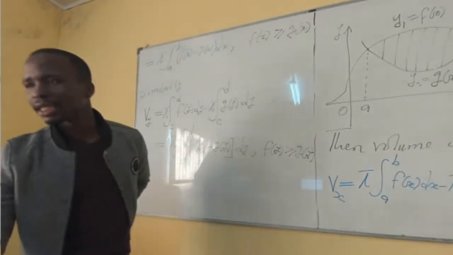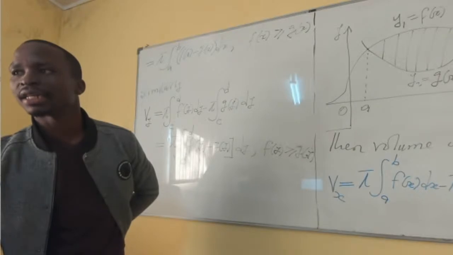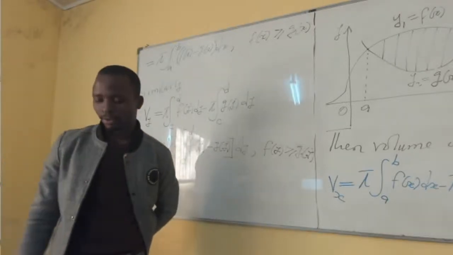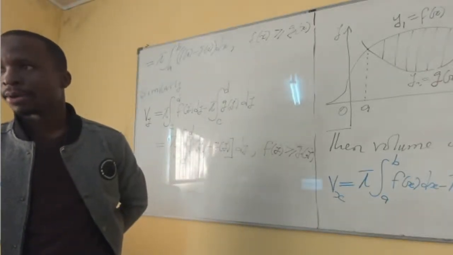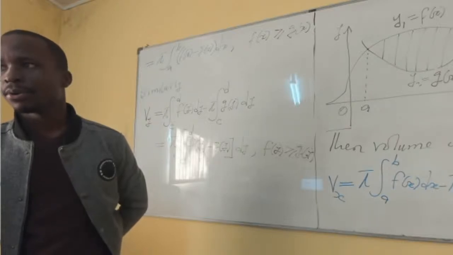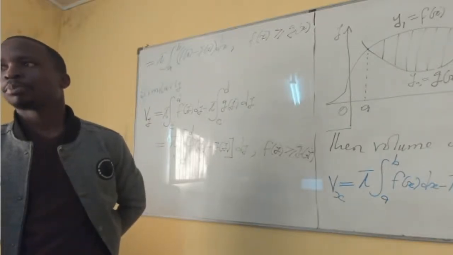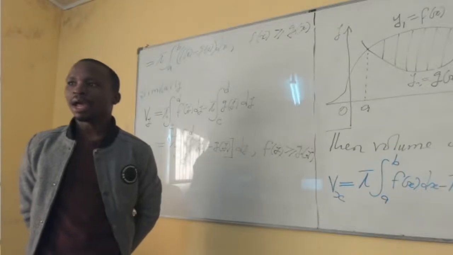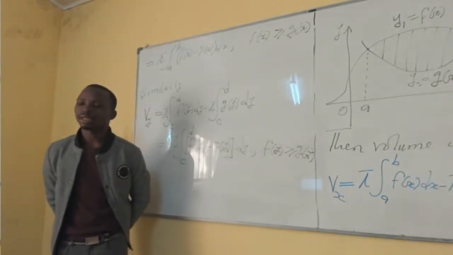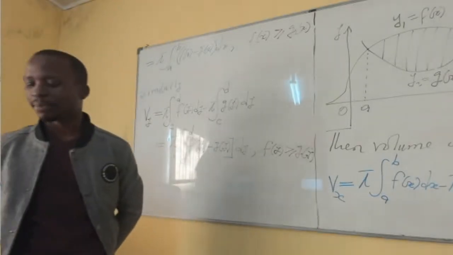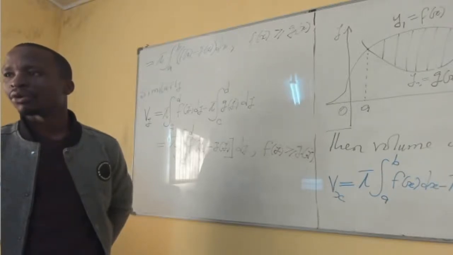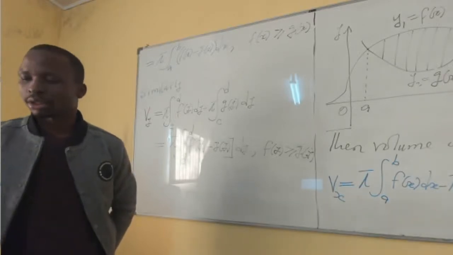All right, so let's look at an example. I need to inform you that this example was done twice, so I'll only do the first part, where the equation has been computed with respect to the x-axis, not the other way around.